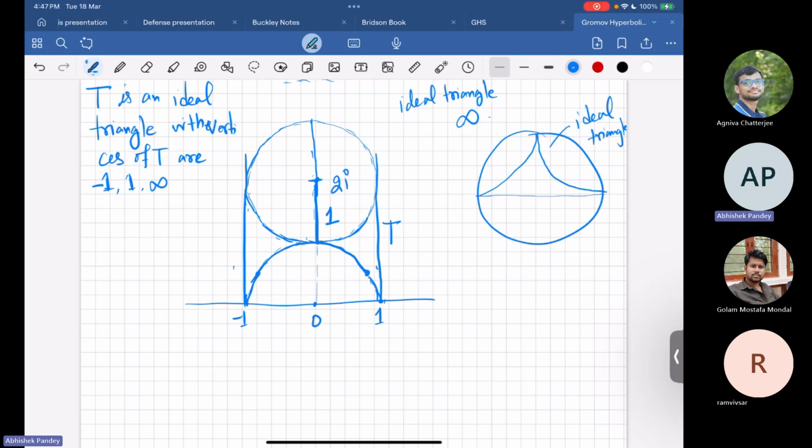A circle in the inner triangle means it has to be tangent to all the sides. Okay, means at one point it touches, and this has to be tangent to the sides of the triangle.